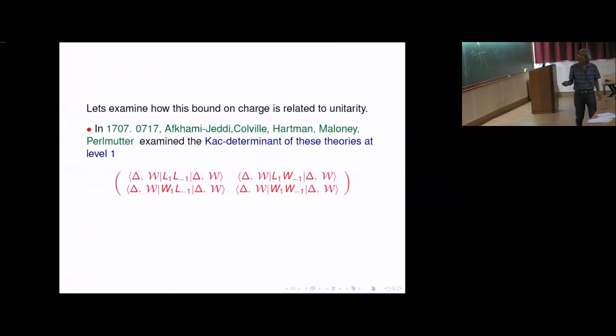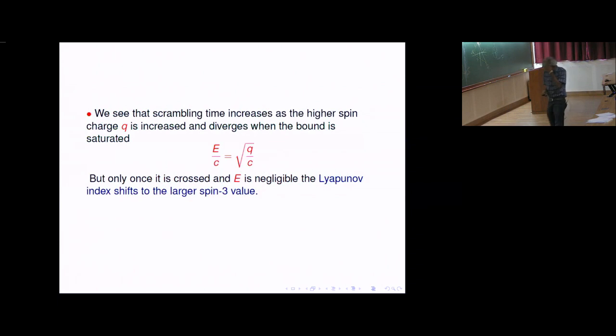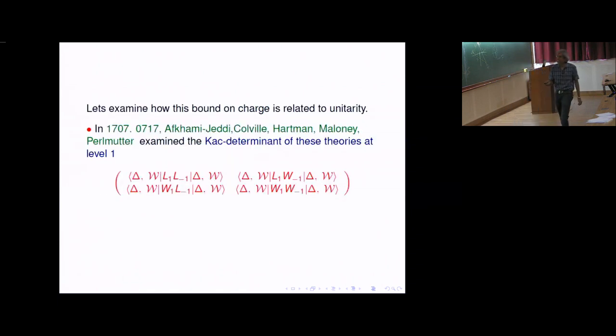And in fact, we put this paper out, and the very next day, unfortunately, these authors came in, and they were looking at states in W3 theory, and they looked at this particular Kac determinant. These states have both conformal dimension and spin 3 charge, and this Kac determinant you can evaluate using just the W3 algebra.